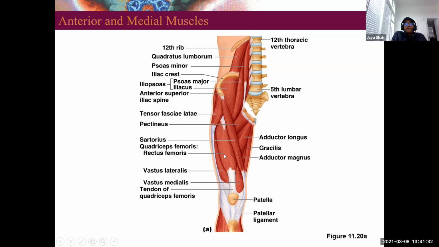Then here is the quadriceps femoris. Quadri means four, and they are found in the femur area, so we call them quadriceps femoris. So what are the muscles of the quadriceps femoris?